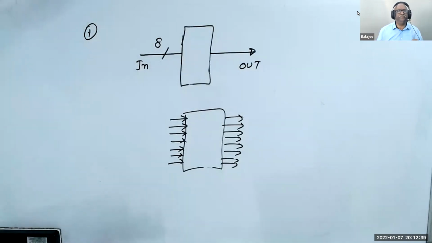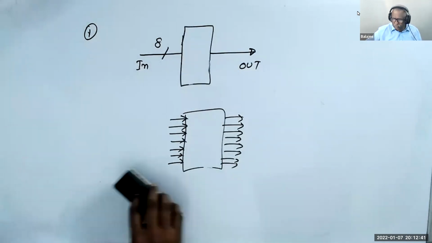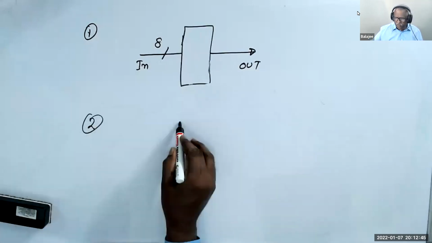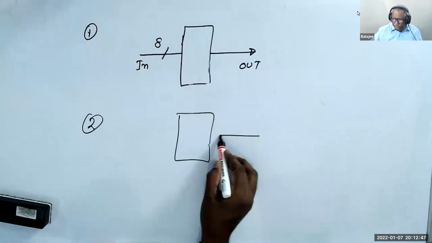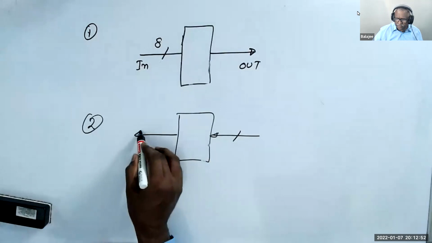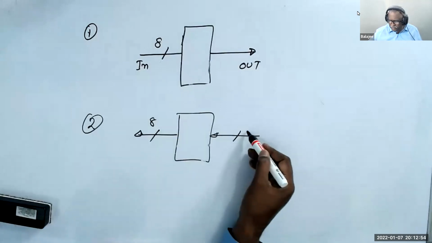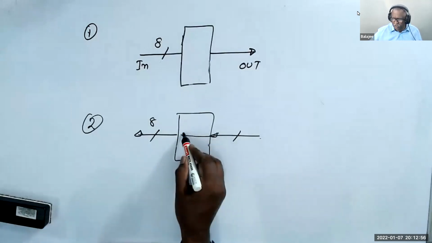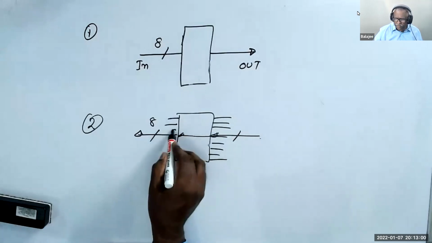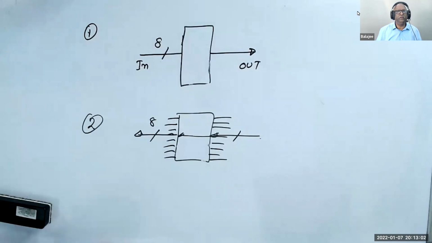Okay. Now the next IC is like this. I have 8 input pins and 8 output pins. Whatever comes here will come inside. This is the second type.